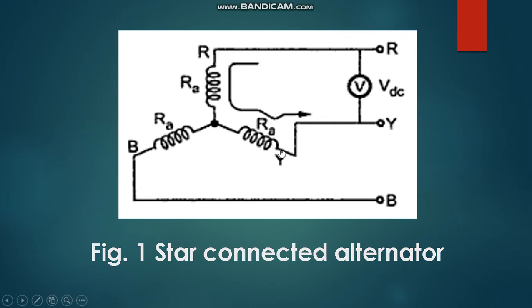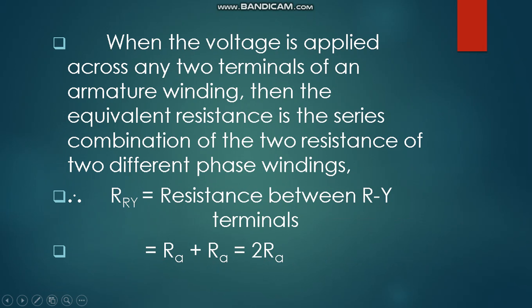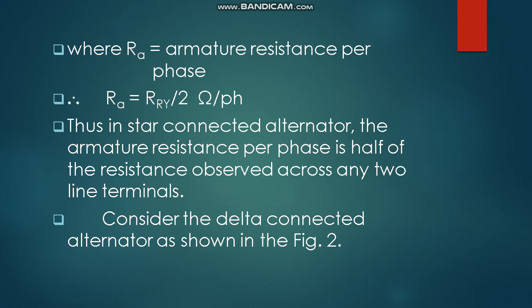This is the star, or the Y. When voltage is applied across any two terminals of an armature winding, the equivalent resistance is the series combination of the resistances of two different phase windings. R_RY, the resistance between the R and Y terminals, equals R_A plus R_A, or 2R_A, where R_A is the armature resistance per phase.